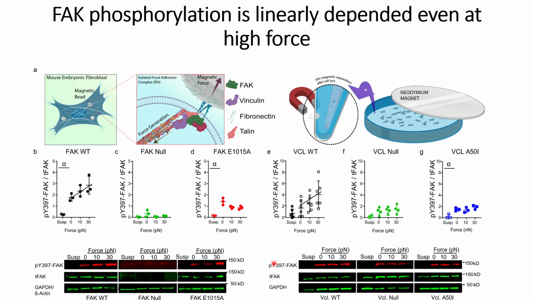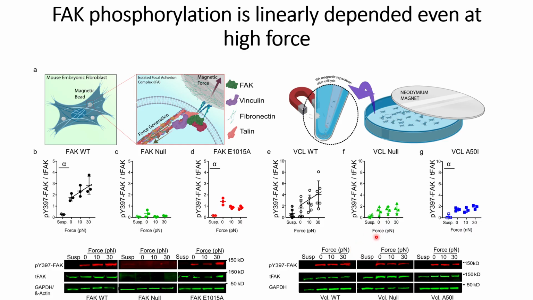And for Vinculin also you can see an increase in the activation of the FAK, but there is no increase in the total FAK, indicating that it's the activation that is increased.